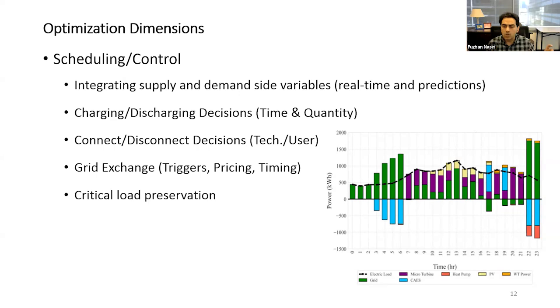So electricity supplied for water treatment, electricity supplied for heating some buildings that are of a critical nature, or the cooling, let's say, of a data center that needs cooling. This is critical load, because if that load is not provided, the data center needs to shut down and the internet is going to go off. Okay, so it's going to create domino effects for other systems, and that is critical load, a minimum load that under any circumstances we need to preserve.